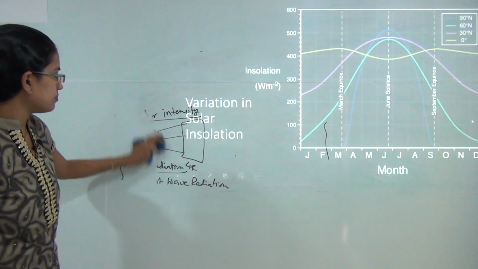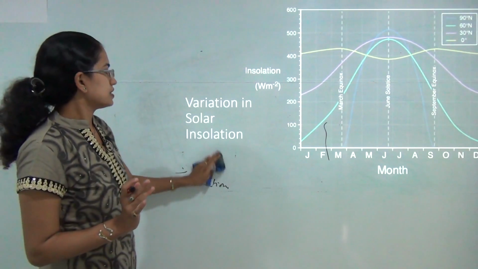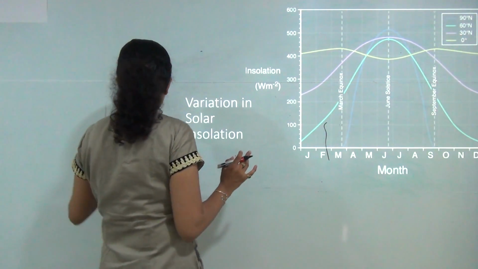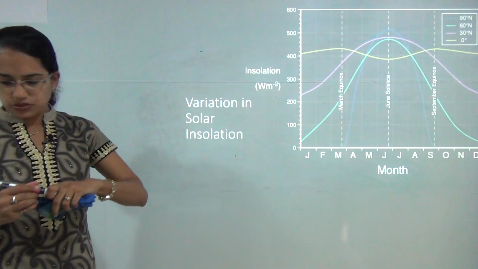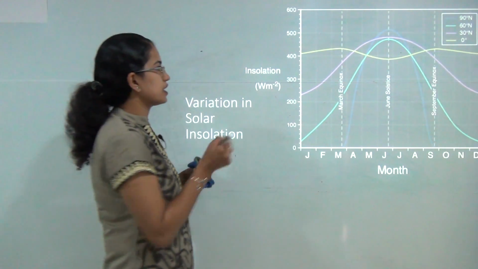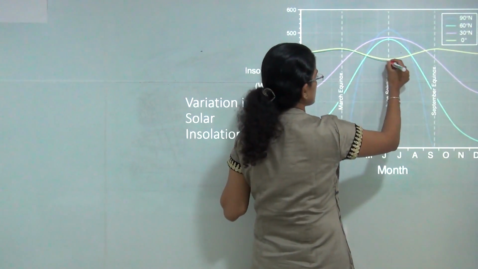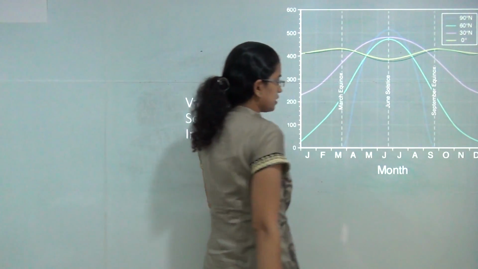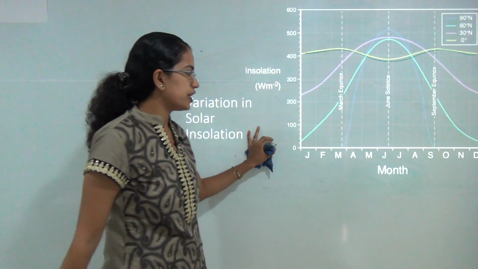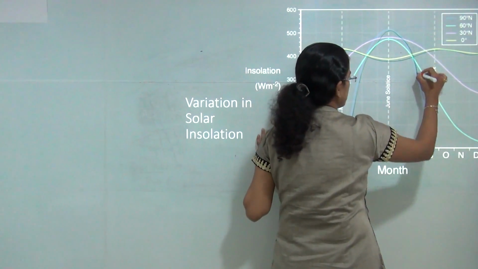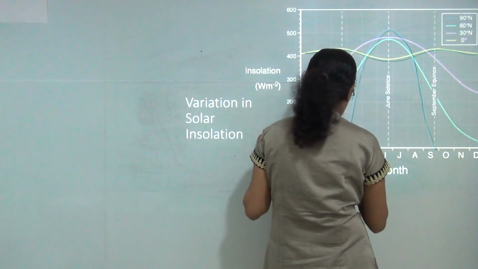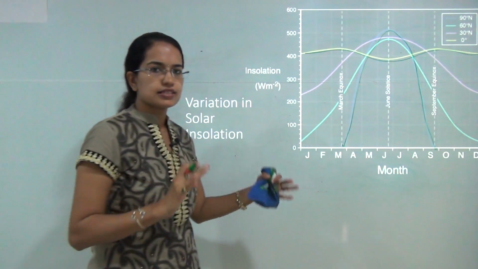Now in this diagram, as you can see, you have the yellow line that denotes the equatorial region and the blue line that denotes the polar area. As you can see, insolation in the equatorial region is more or less constant throughout the year. However, the incoming solar radiation for the poles is maximum for 6 months, and so we say 6 months day and 6 months night.